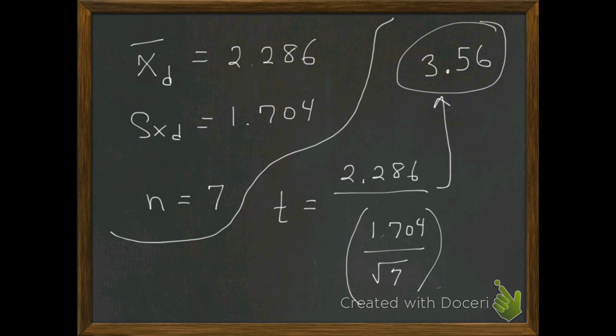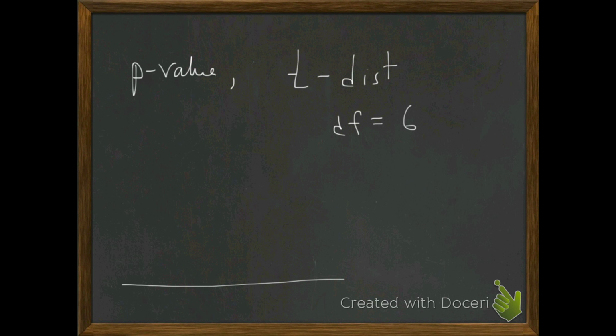Okay? Now, the next thing I'm going to want to do is calculate my p-value. Well, I know that my test statistic follows the t-distribution, degrees of freedom 6. I've got my sampling distribution, and what was it, 3.56?